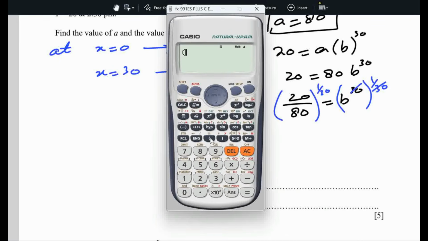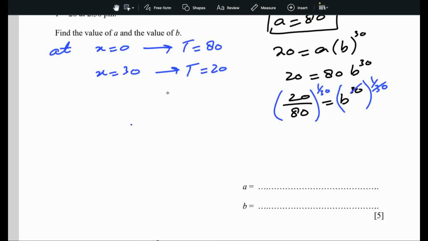So bracket fraction 20 by 80 bracket whole power fraction 1 by 30 will be equal to 0.95, because this is not an exact value, so we have to correct it to 3 decimal places. So b is 0.955, and a is equal to 80.